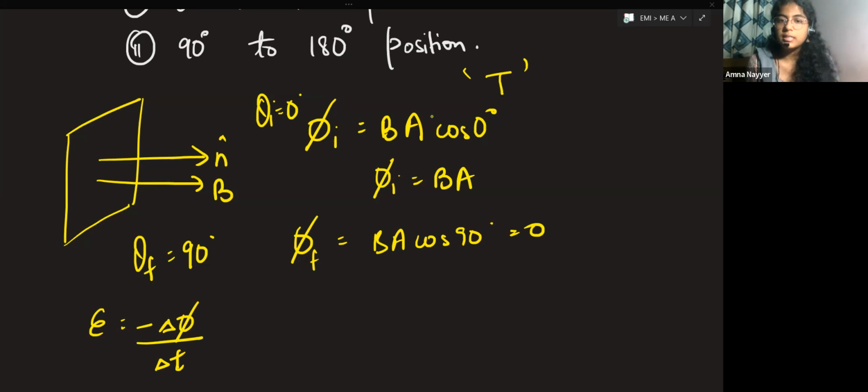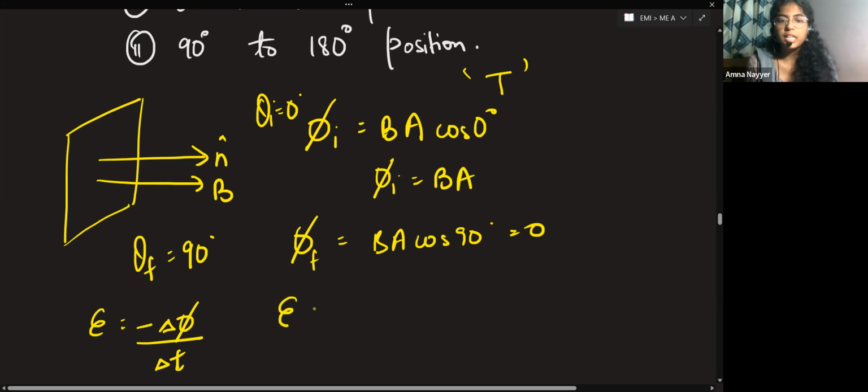Now the change in flux: final flux is this, initial flux is BA. So EMF will be minus, final is 0, minus BA, divided by delta t.